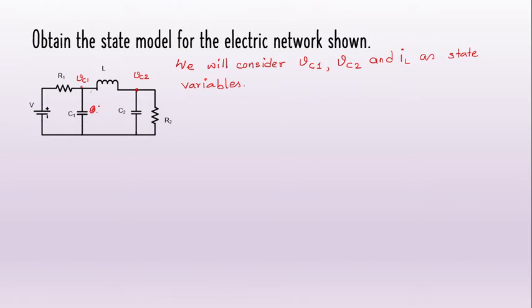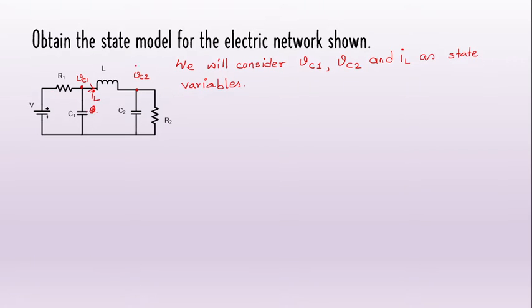Now what do we have to do? We have to write the expressions of currents and voltages in this network. As it is a big network, I will prefer KCL here. This is node voltage VC1, this is another node voltage VC2, and the current through the inductor is IL. These 3 are my state variables.